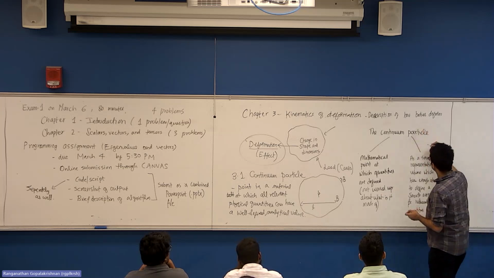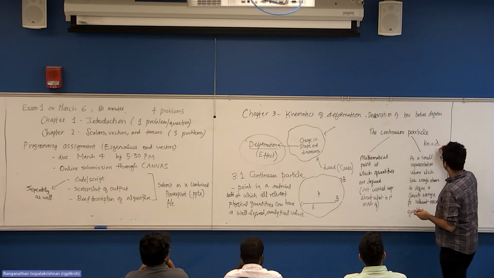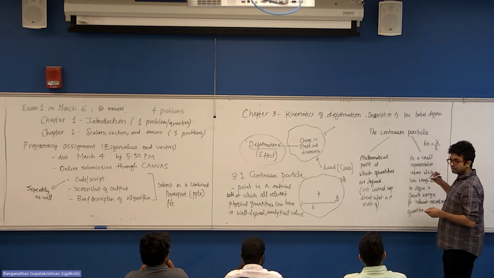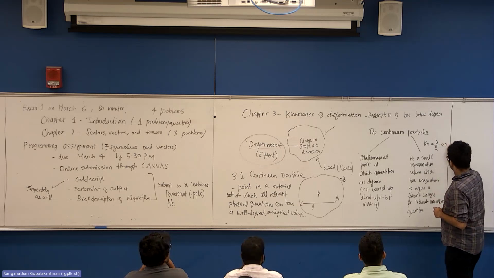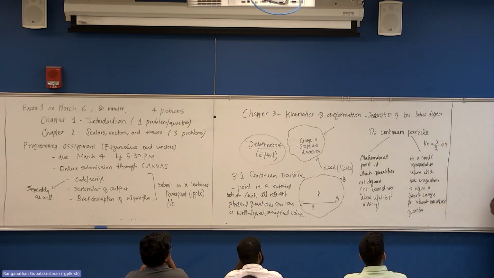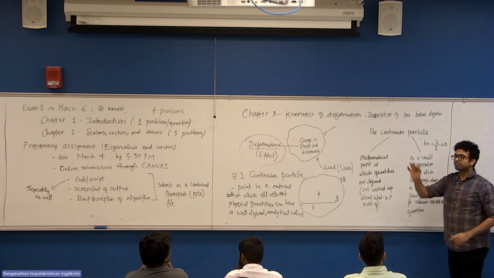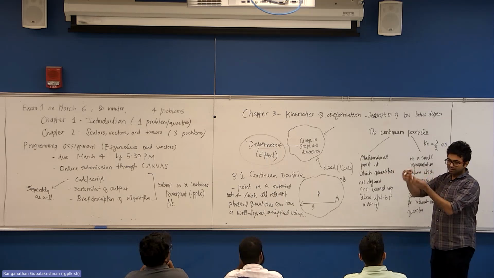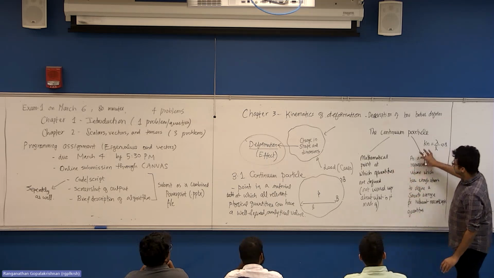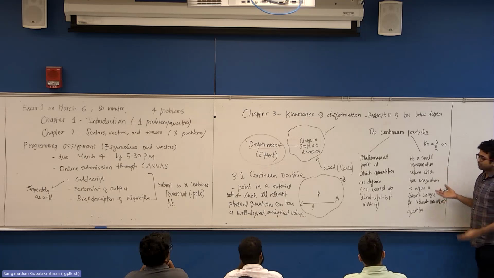Remember, we defined a Knudsen number as the mean free path divided by the length scale of interest. For this course, this number is always less than 1. So we just say that it's a tiny point. It has an internal structure which I don't care about. For me, it's a point. I'm standing outside the point. Why do I care what's the internal structure of it? So this is also one way to think about it.